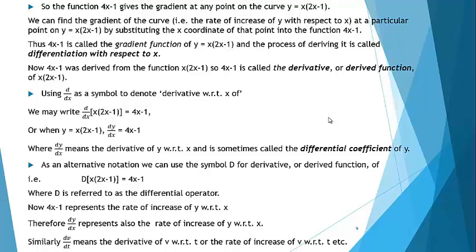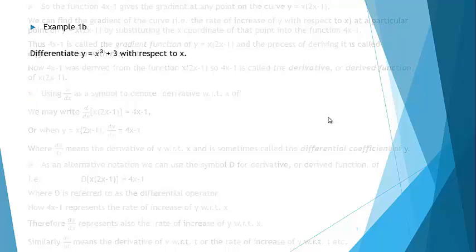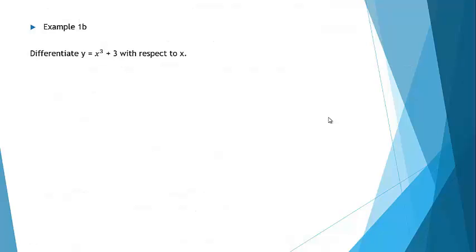So v represents velocity and t represents the time. So by finding the derivative of v with respect to t, we find the acceleration of the motion. Now take some time and work out this question by yourself.